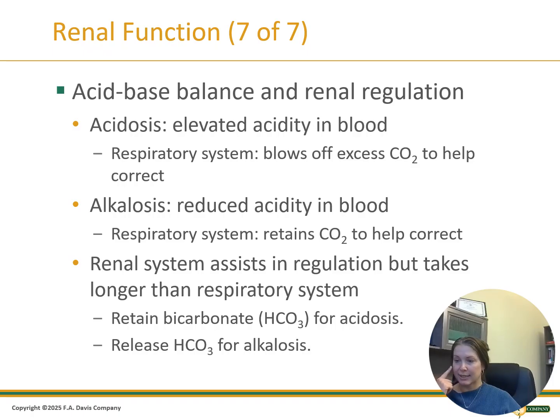Respiratory compensation looks like our lungs increasing breathing. We hyperventilate to blow off the excess carbon dioxide, and that reduces our acidity. For renal compensation, our kidneys are going to retain bicarb. That's our base, and that buffers the excess acid.